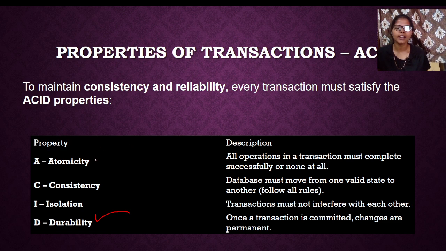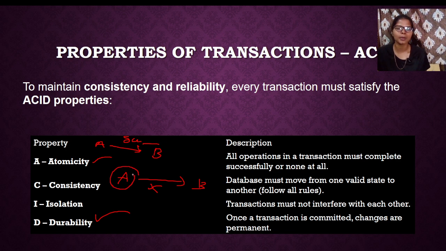The atomicity property states that once the amount is deducted from A and sent to B, that is called a successful transaction. If the amount is deducted from A but not sent to B's account, either because of a network issue or something else, your amount should come back to your account.